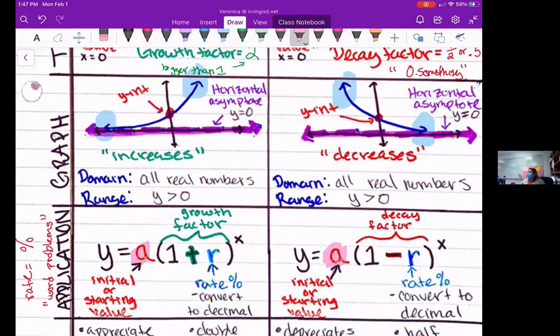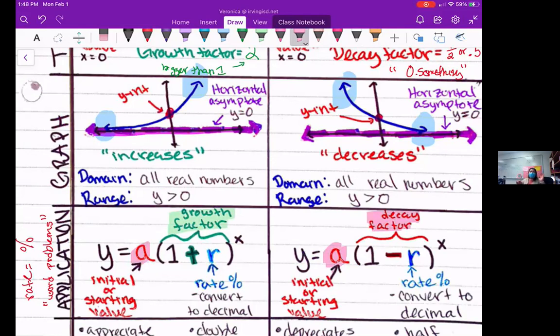It's still there, but now I'm showing you where the b comes from. So up here, let me highlight this real quick, you can see that I wrote growth factor there. That means that your b comes from 1 plus r. And then on the other side, you're going to notice that I put decay factor over the whole thing in parentheses, which is 1 minus r.